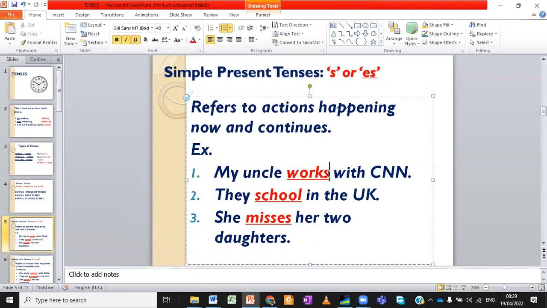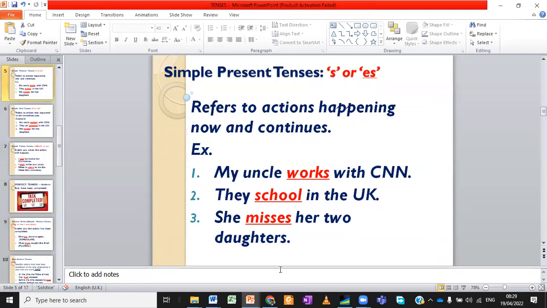Now, if you look at this first example, there is an S, like I said here. But if you look at number 2, there is no S. Why the change? Why is there a change? Yeah, I said, if you look at number 1, my uncle works with CNN.